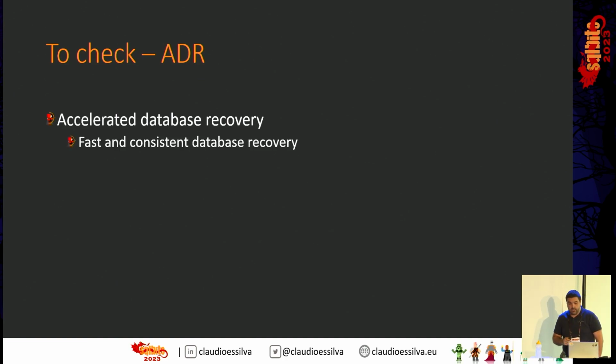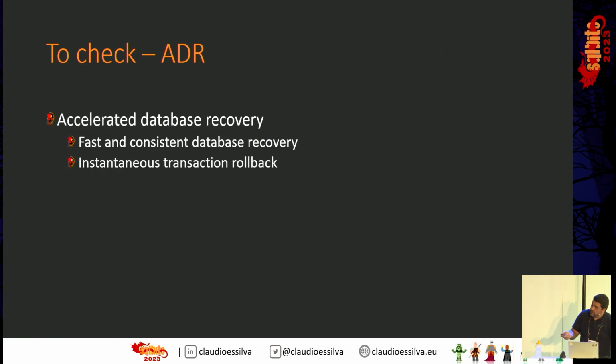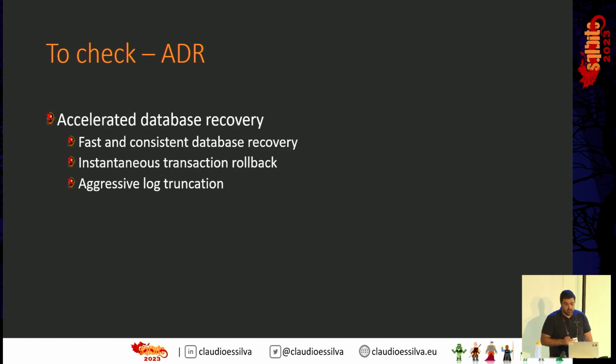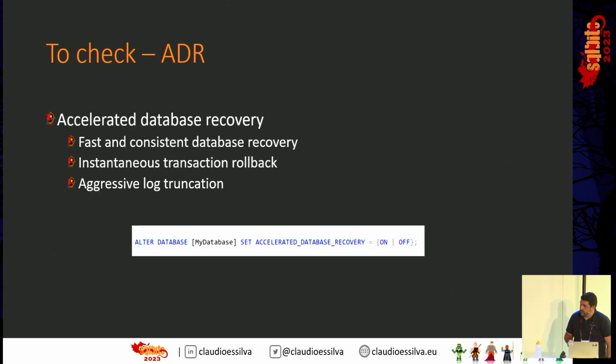Accelerated database recovery can be quite interesting also for these problems with the transaction log becoming full, and how much time you will be offline in case you hit that situation, because you can do instantaneous transaction rollbacks, meaning that you will probably not see in the error log something like rolling back 1%, estimated time 1 day. And it also allows aggressive log truncation. Okay, so this is the way that you can turn it on. Please check the documentation, check your use case, but I think it's important to have in mind, all together with the others.